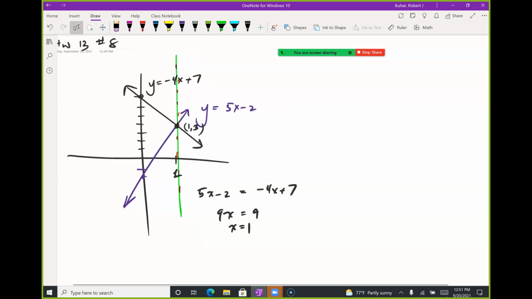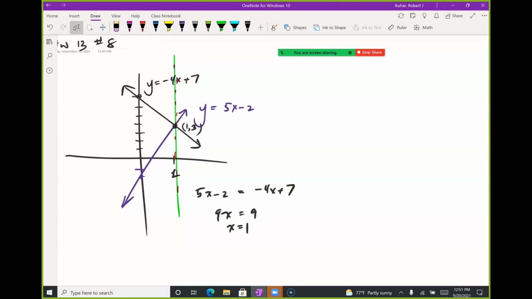So like they'll ask, and let me call the purple line y1 and the black line y2. So when does y1 equal y2, and what's that going to be when x equals 1? I'm always talking about x values. If I'm comparing y values, I want my answer as x values, right?